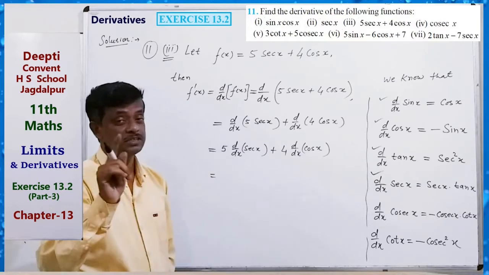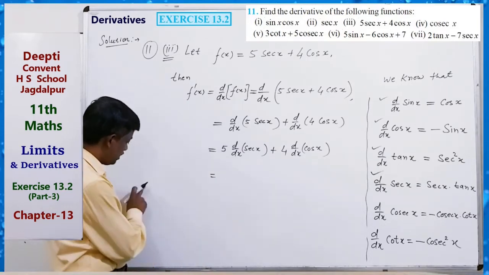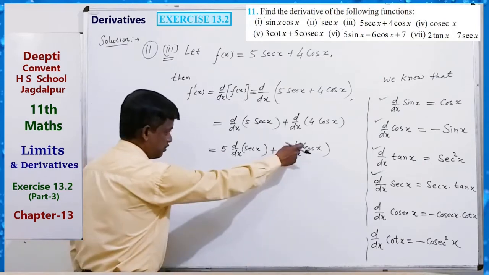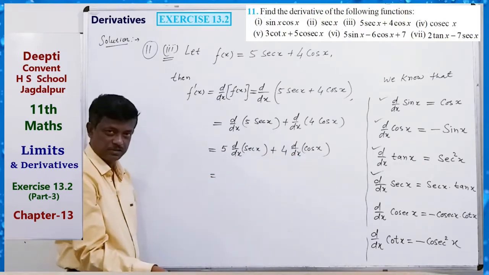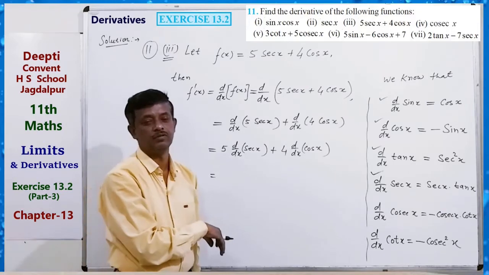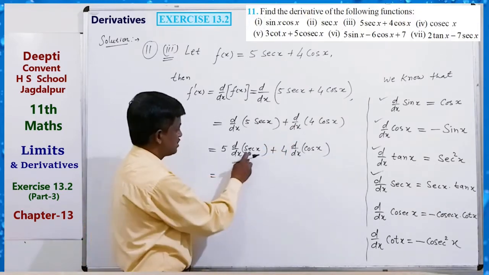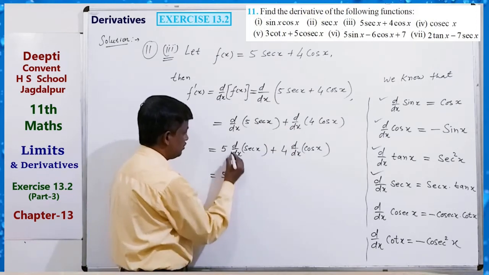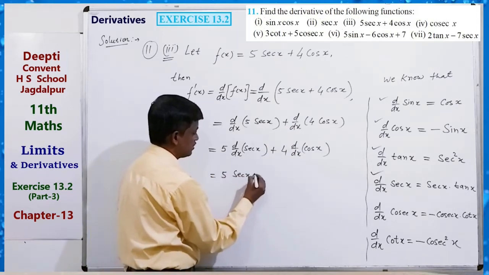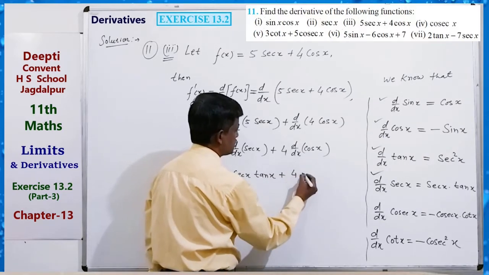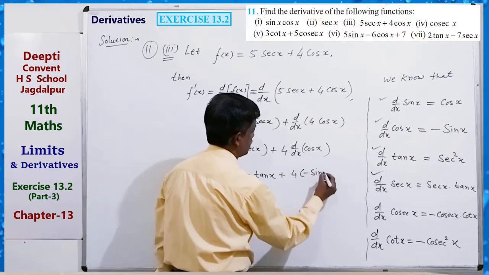Now if this question is a long question, then you just have to separately do it by first principle. I also separately do it by first principle and then write the value here. If short question, then you can use as a formula sec x, that is 5 into sec x tan x plus 4 into cos x means minus sin x.